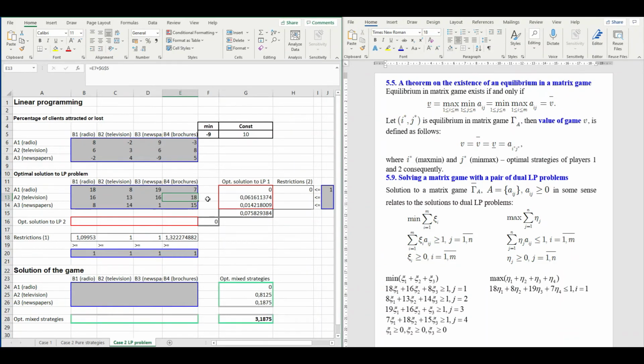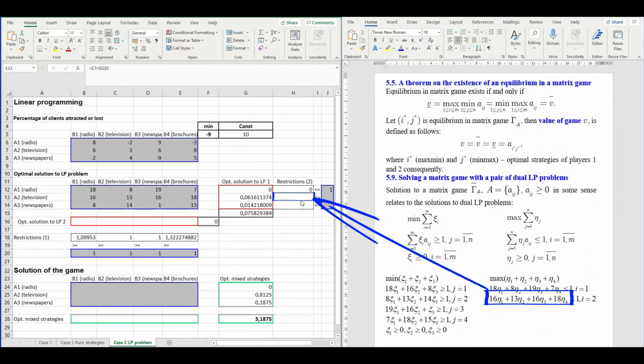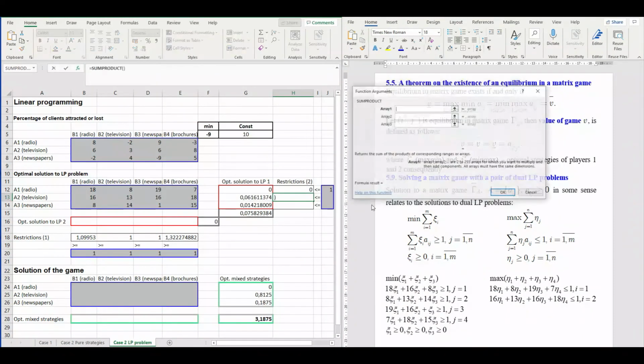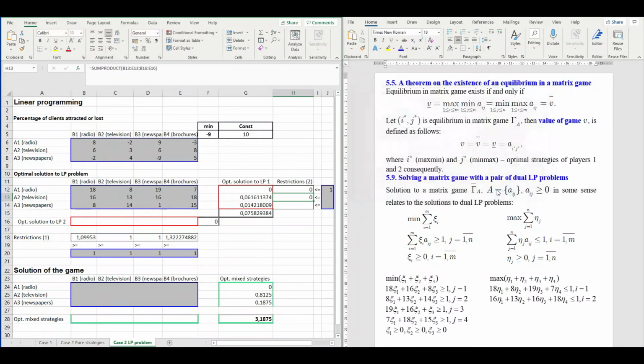Let us add this restriction into the mathematical model. And also let us add the left hand side of this restriction into the cell H13. For this reason we call the function SumProduct, and we choose the second row of our table as array 1, and we choose as the second array our variables eta1, 2, 3 and 4. And let us add the right hand side unit into the cell G13.